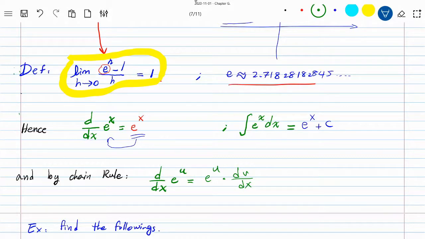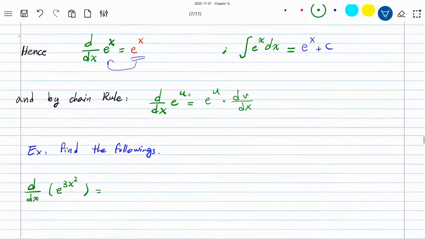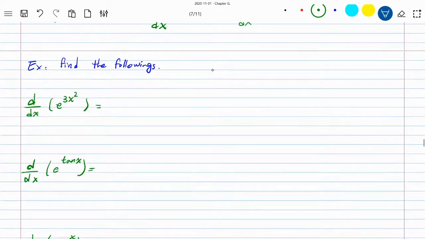Right, you take the derivative of the outside function. The outside function in this case is the exponential, which stays the same, multiplied by the derivative of the inside, which is the exponent, e to the u. Here is a bunch of examples. So let's find the derivative of these functions. d over dx of e to the 3x squared. This is the exponent. This is the same as u.